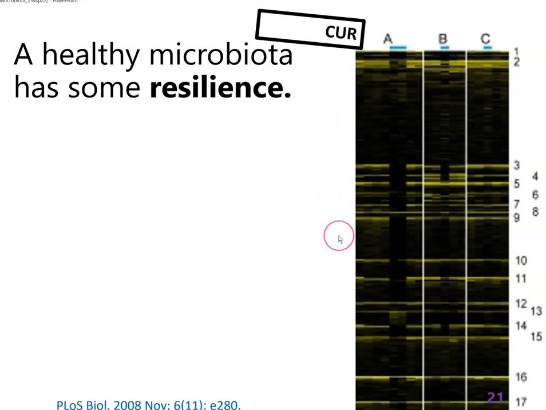So now let's get to the experiment they did. These were people who were hospitalized and given ciprofloxacin antibiotic. When they were given that, that's these blue bars. And the question the researchers were asking was, does the microbiota come back to normal after ciprofloxacin is given?